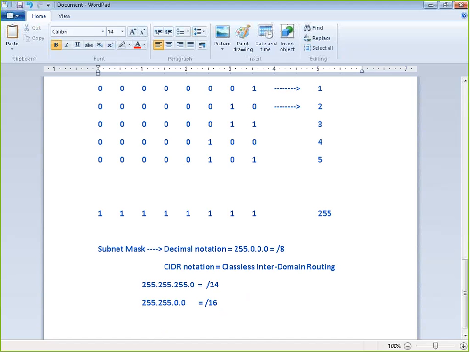I'll give you the CIDR notation, and you need to tell me the decimal notation for that. So slash, let's say 22. That's the CIDR notation. Can you tell me the subnet mask for it, or the decimal notation of the subnet mask? I know it's a bit difficult, but give it a try.